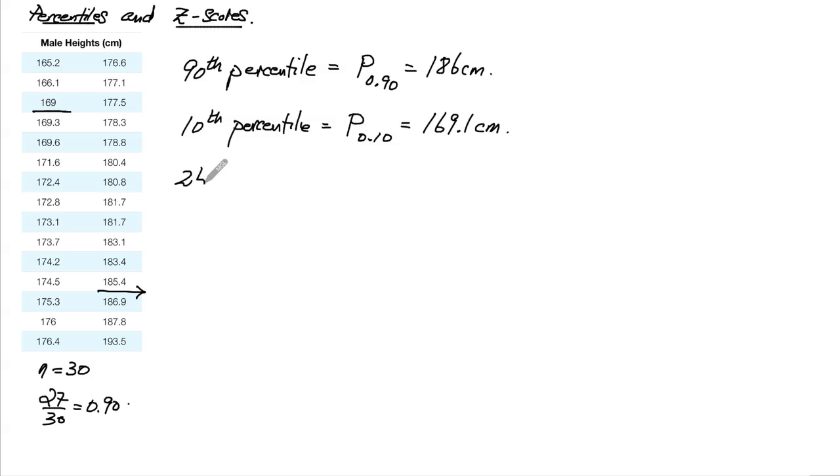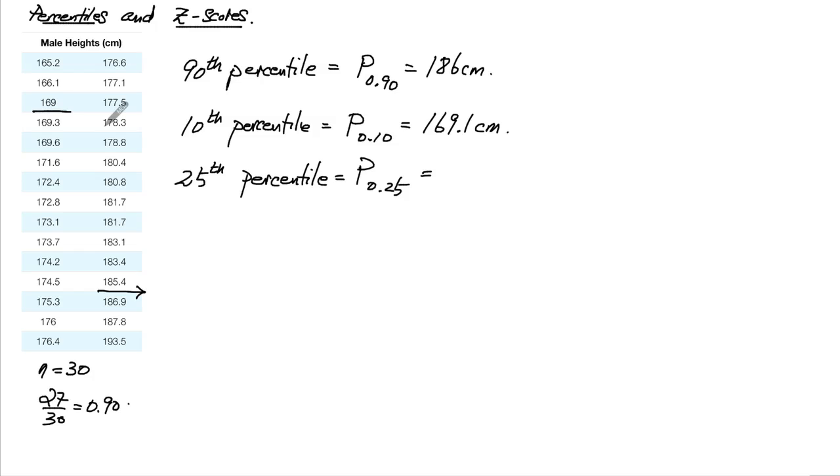Let's do one more, the 25th percentile. The 25th percentile, denoted as P sub 0.25, is going to be such that 25% of your sample falls below that value. 25% of 30 is what? Let's see. You divide your data into 4.